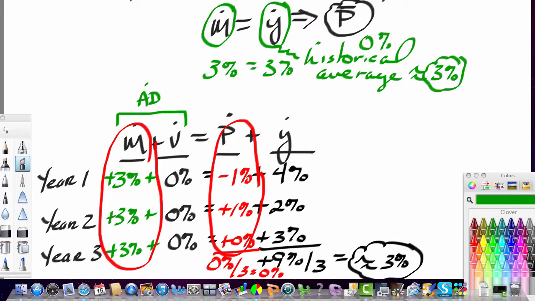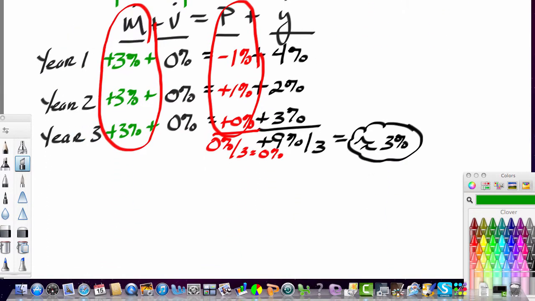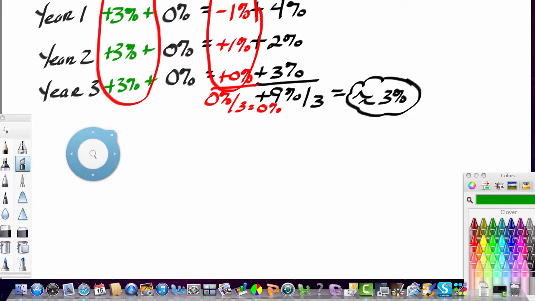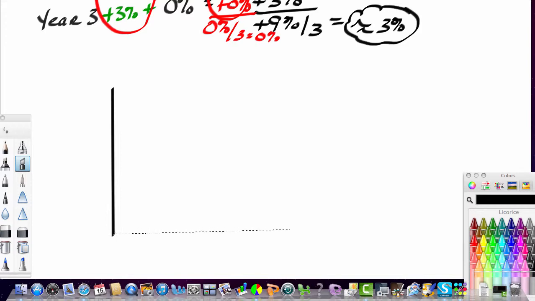Okay? All right, let's go ahead and illustrate this. Let's draw the money rules diagram so we can see a picture of it. It's a fairly easy model to draw. So vertical axis, horizontal axis, AS. Sorry about that.